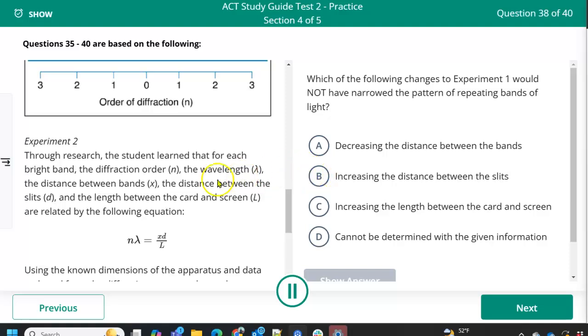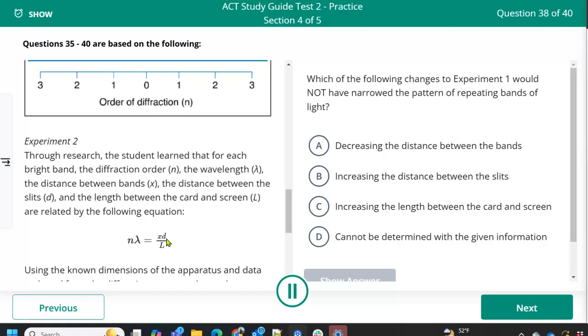All right, increasing the distance between the slits. Where is that? D. If we decrease D, it is going to decrease n. I'm sorry, I'm still on decrease. I'm sorry, increasing the distance between the slits.